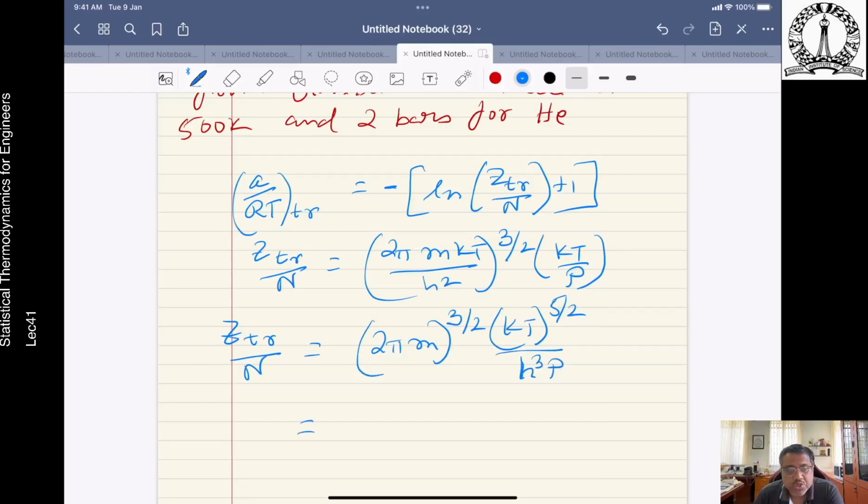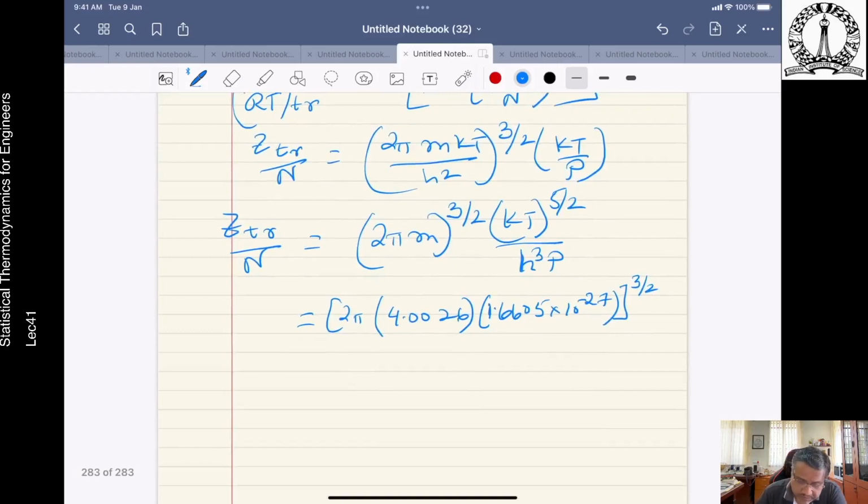If you now substitute the numbers: 2 pi, 0.004 for the mass, into 1.6 to the power of minus 27, times 1.3807 to the power of minus 23, times 500.